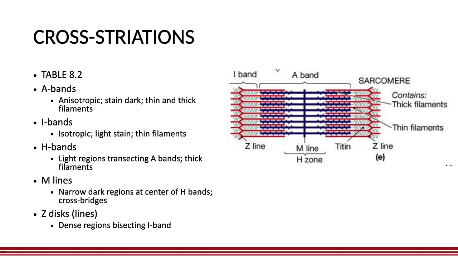So this dense band here at the edges is a Z line, and this one is a Z line. One Z line here, another Z line here. The area between two adjacent Z lines is known as the sarcomere. This is the functional or contractile unit of the muscle fiber.